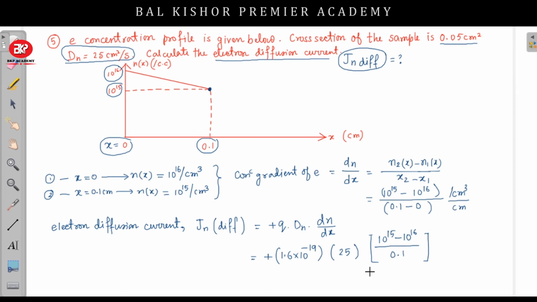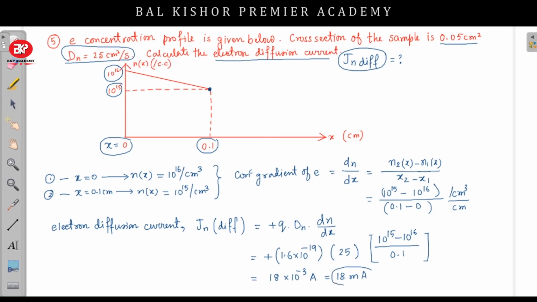If we calculate this value, we get 18 into 10 to the power minus 3 ampere, that is 18 milliampere.